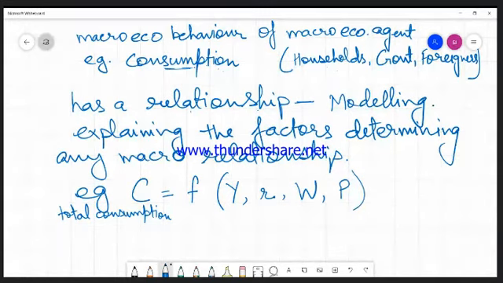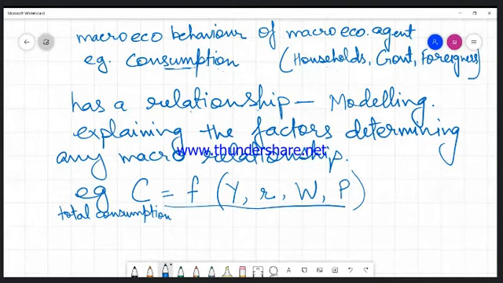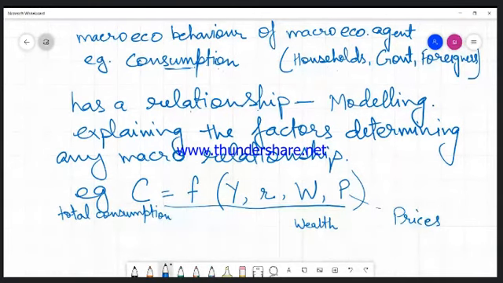So suppose I talk about this, where consumption is a function of income level Y, interest rate R, wealth W, and prices P. Now remember this: W is not the wages, P is not profit, but it is prices. Okay. So that's how you model this relationship. C is dependent on Y, R, W, and P.